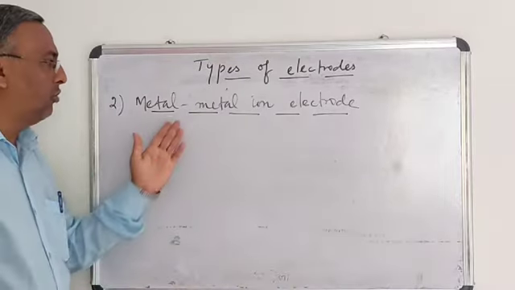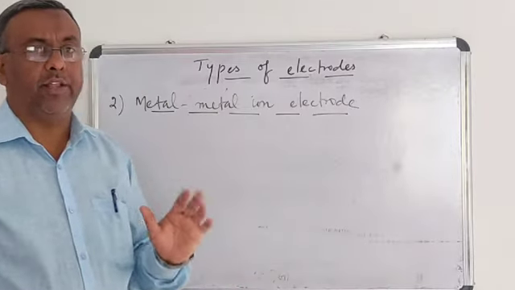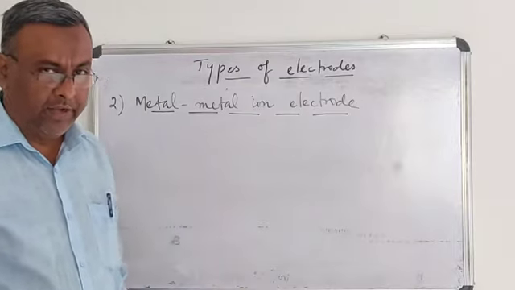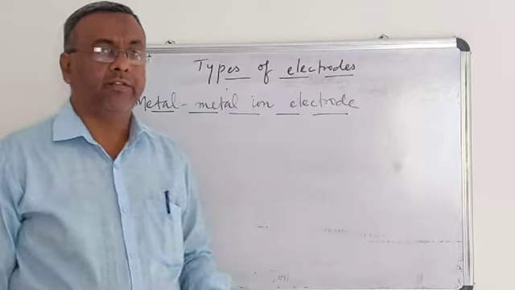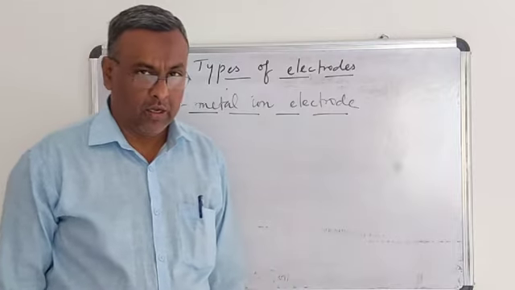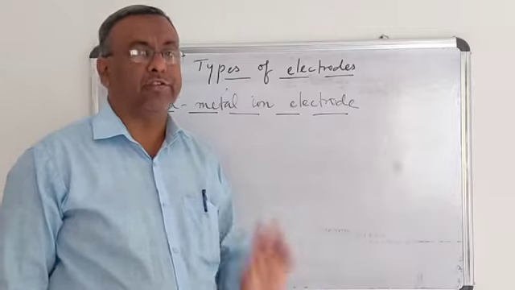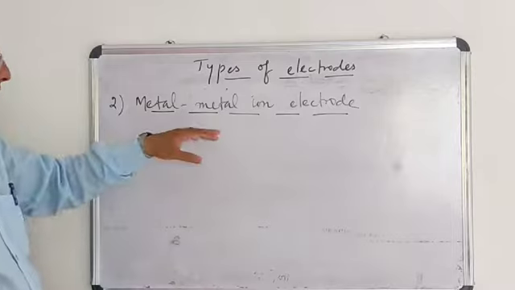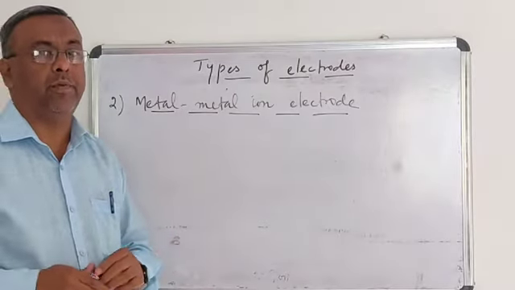In this type of electrode, a metal is in contact with a solution containing its own ions. For example, a zinc rod dipped in zinc sulfate solution or a copper rod dipped in copper sulfate solution. So any metal, when it is in contact with a solution containing its own ions, a potential will be developed.